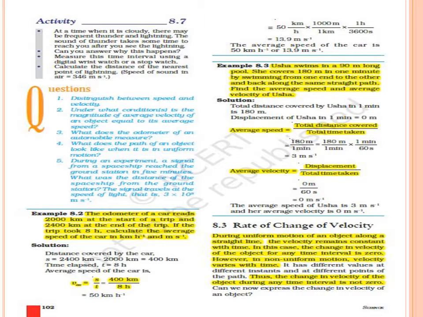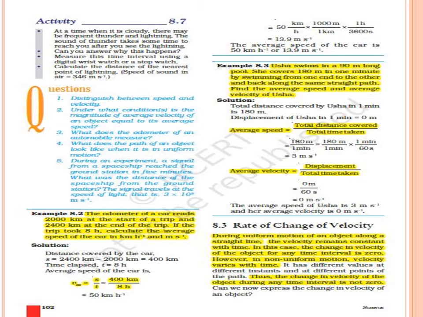And we know what velocity is. Velocity is defined as the ratio between displacement and time. Since the displacement is equal in equal intervals of time, the velocity remains constant. That is, at every moment we will get a specific velocity, suppose 50 km per hour, and it will not change.